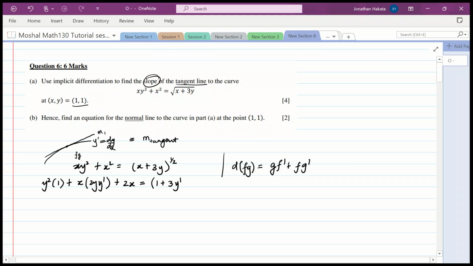Every time you differentiate y, you plug in y prime, and then after differentiating the inside function, you bring down the power, and then everything comes back, (x plus 3y) to the power of half minus 1, which becomes minus half. Okay, so this is basically the derivative.